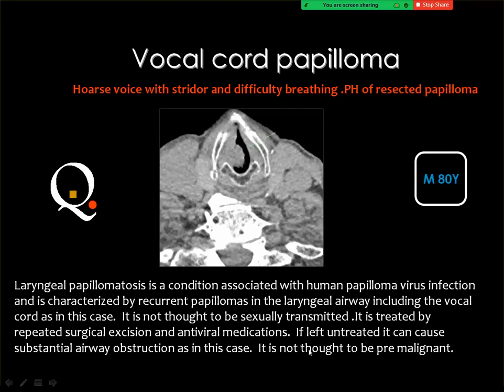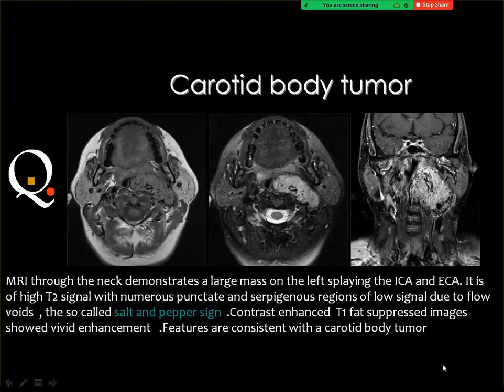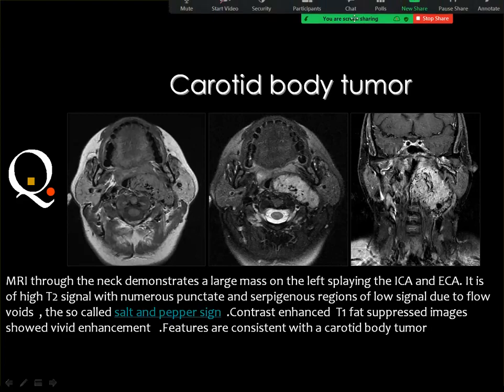And this papilloma is not a pre-malignant condition. And of course, if you have this configuration in the exam or in clinical practice and you do not have a positive history, you say that this is glottic carcinoma until proved otherwise. But if you have the history, you may reach the right diagnosis.